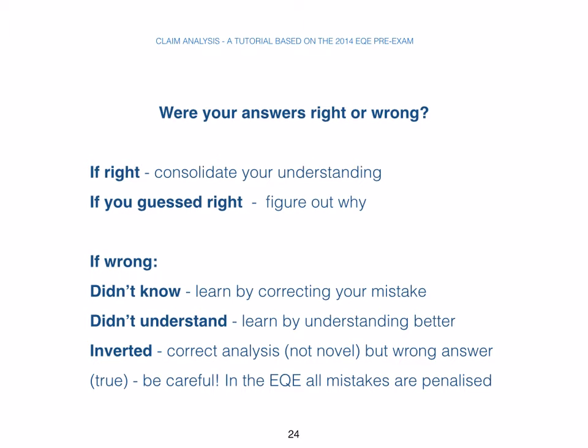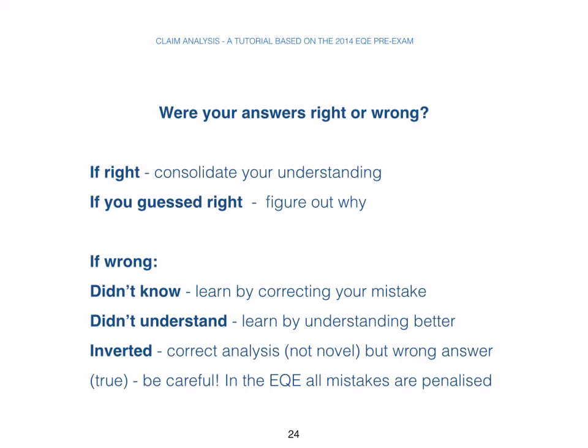If your answer was wrong, there are several possibilities. Maybe you didn't know or you didn't understand the substantive issues, and here you can learn by correcting your mistake according to the examiner's report and doing better next time. It could be that you didn't understand the question, you came to a wrong answer, in which case you can learn by understanding better.